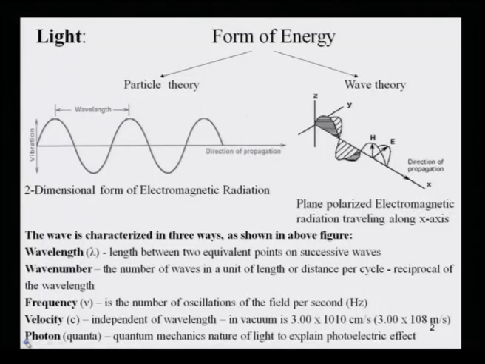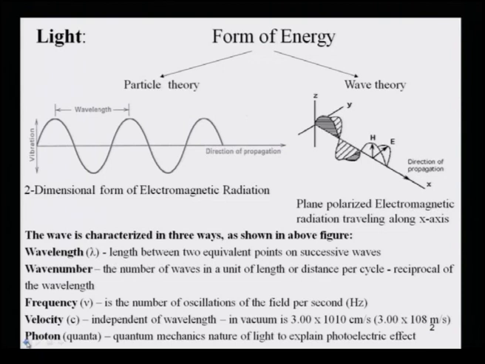Or it can be expressed in terms of frequency nu, the number of oscillations of the field per second, expressed in hertz. It can also be expressed in terms of velocity c.